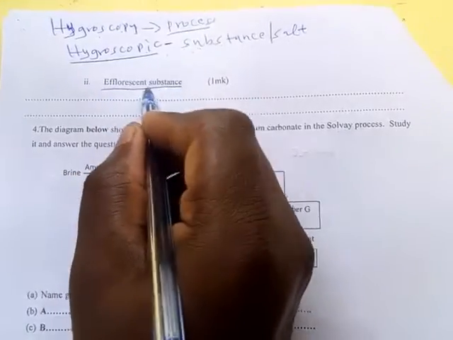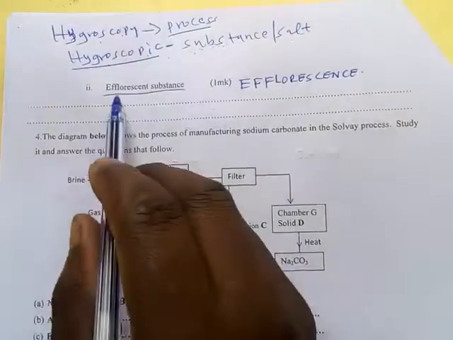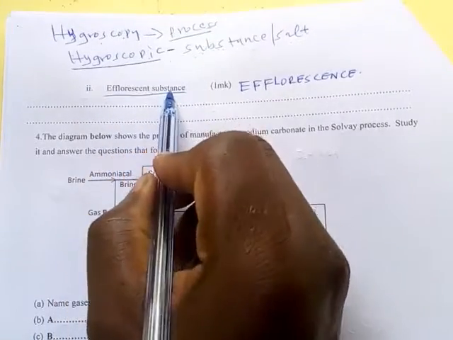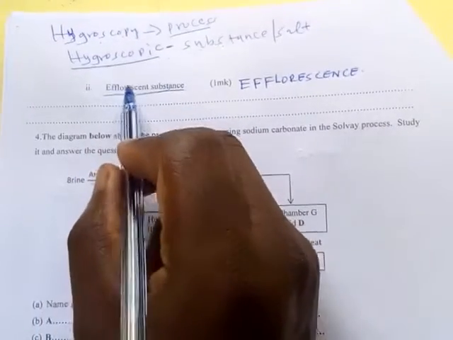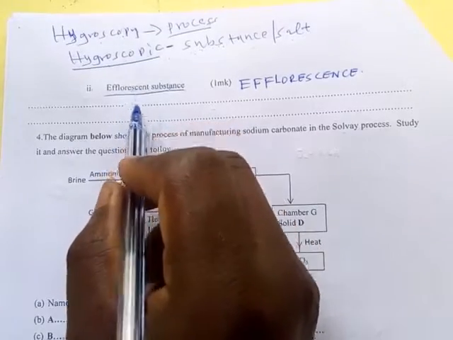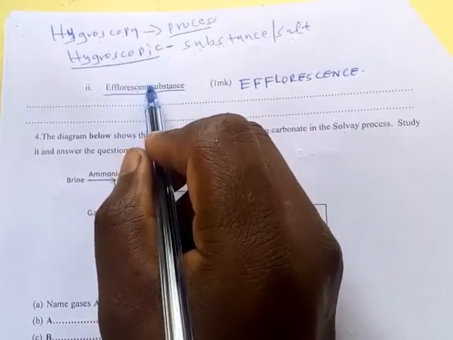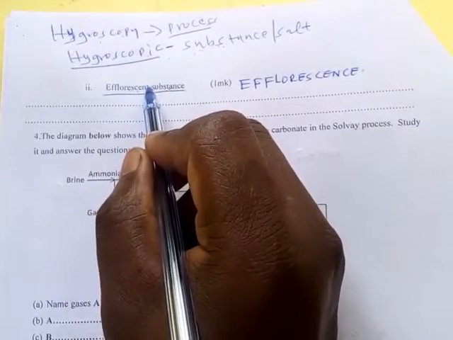Finally, is an efflorescent substance. Efflorescent substances are substances which contain water of crystallization. So when they are exposed to the atmosphere, they lose their water of crystallization to the atmosphere.